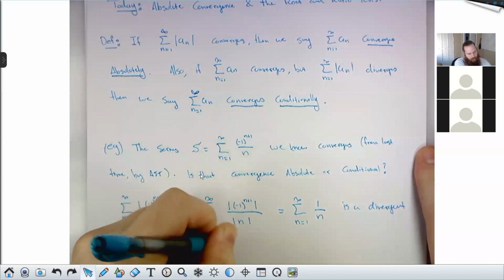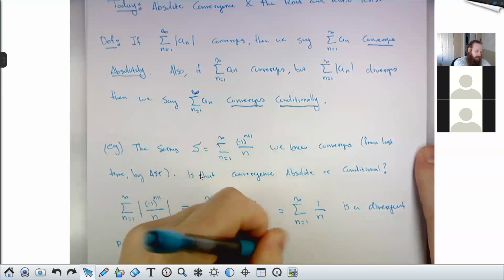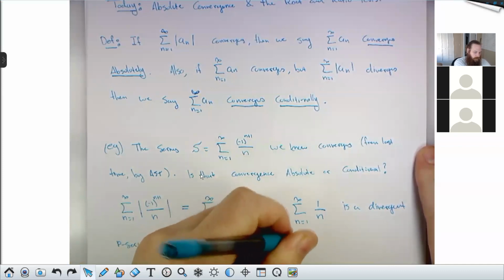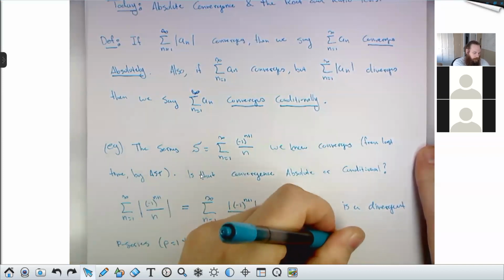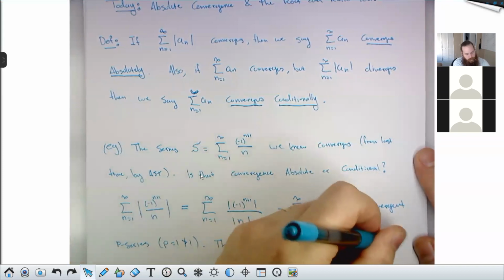Thus, the original series S converges, but not absolutely. So it converges conditionally.